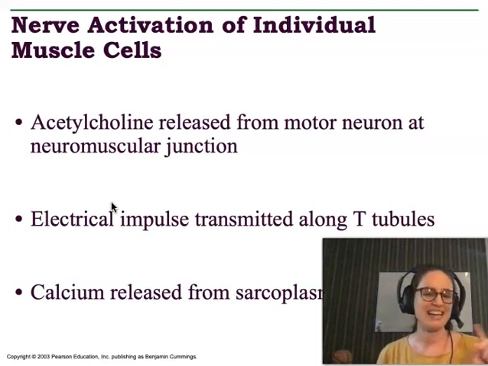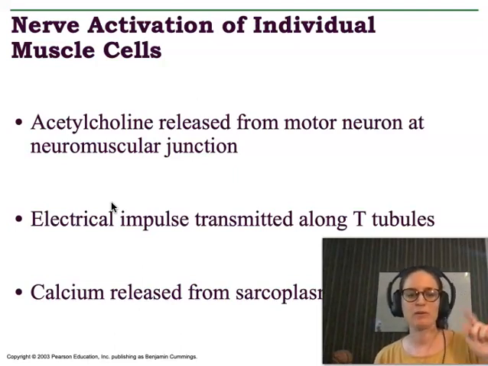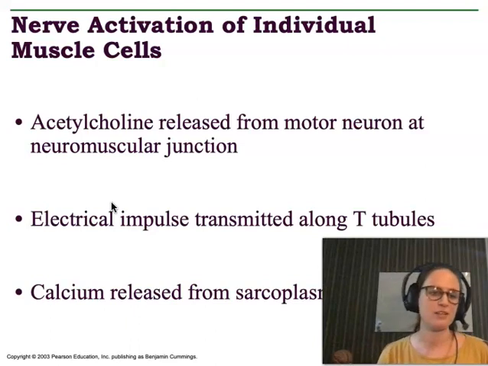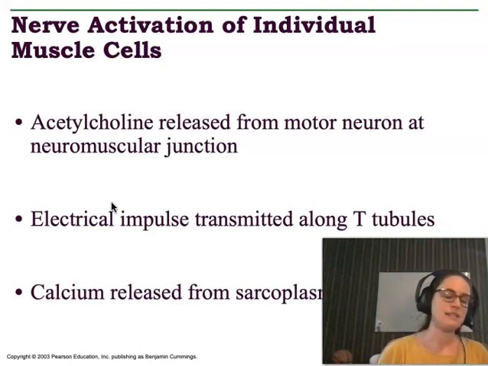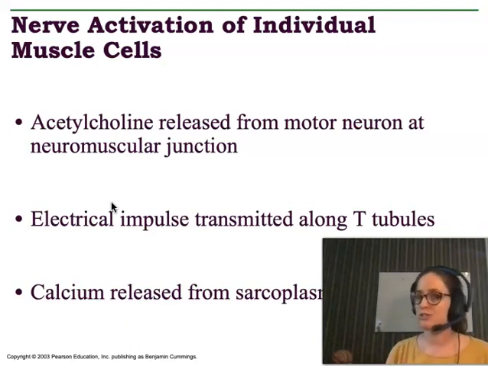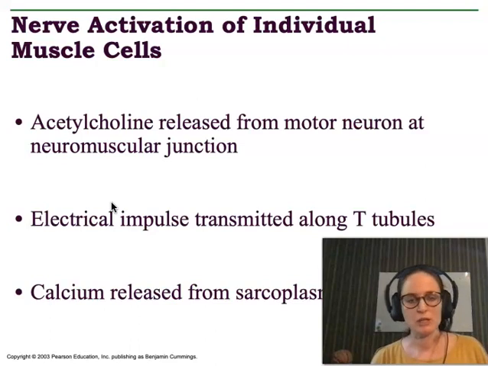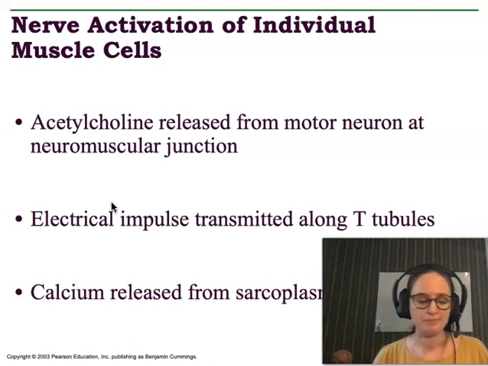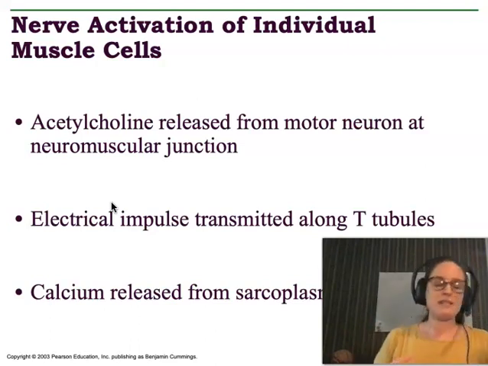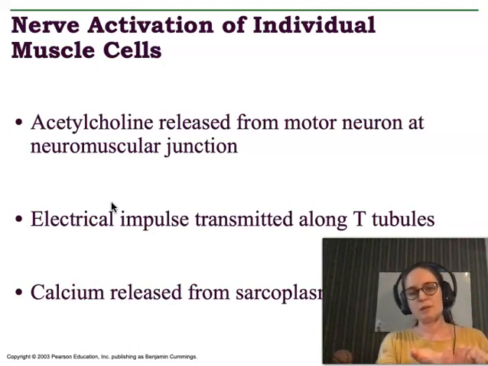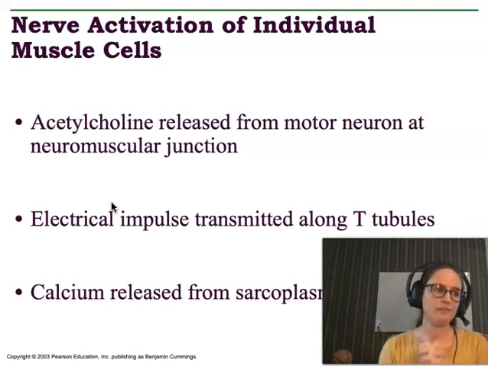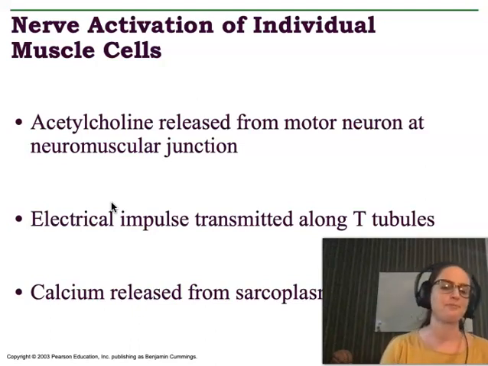You can just write ACh for acetylcholine. Acetylcholine is going to bind to receptors for acetylcholine located on what's called the motor end plate of the sarcolemma. So basically you've got a synapse, and we have receptors for that acetylcholine on the other side of that synapse on the muscle cell itself.